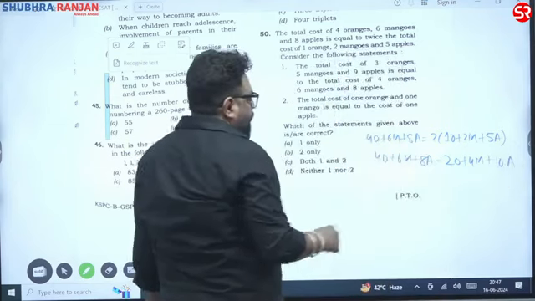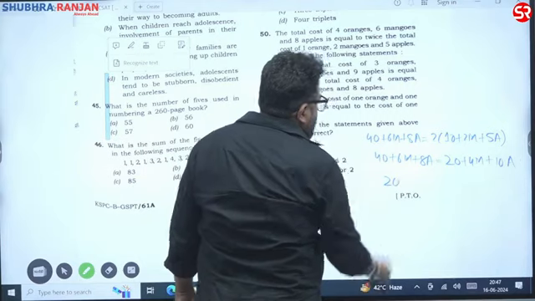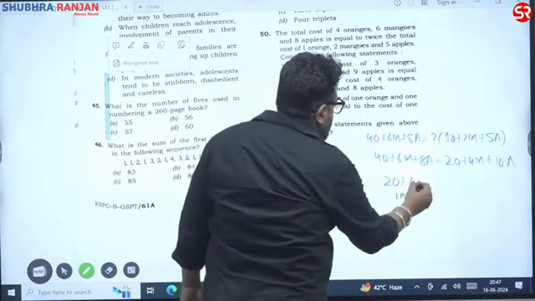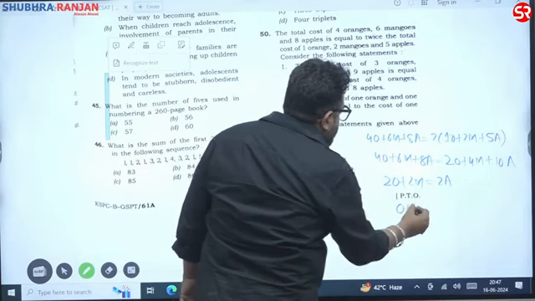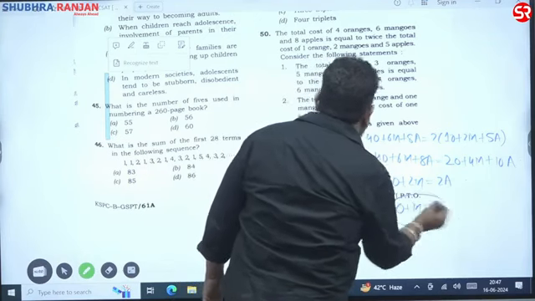So once you solve it, 2 oranges plus 2 mangoes comes out to be 2 apples, which means orange plus mango is equal to apple. This is coming up.